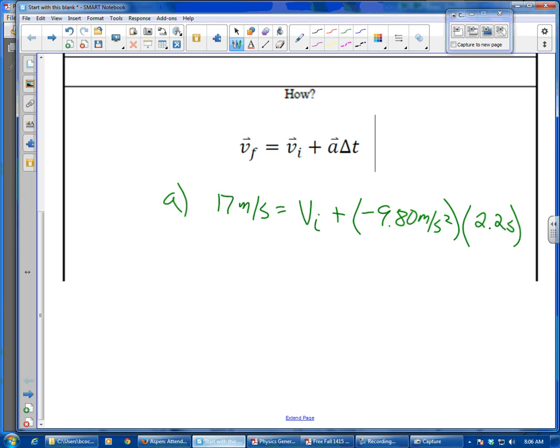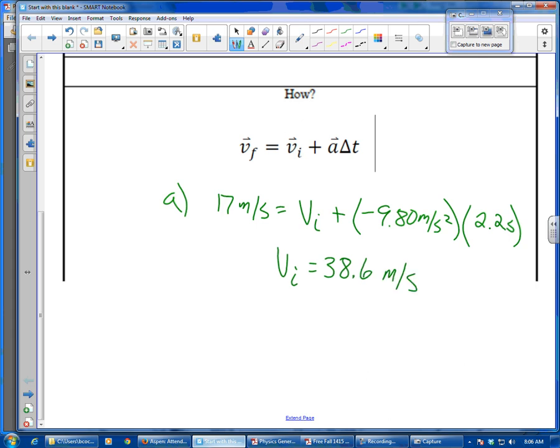And grab my calculator. I get 38.6 for my V initial, meters per second.